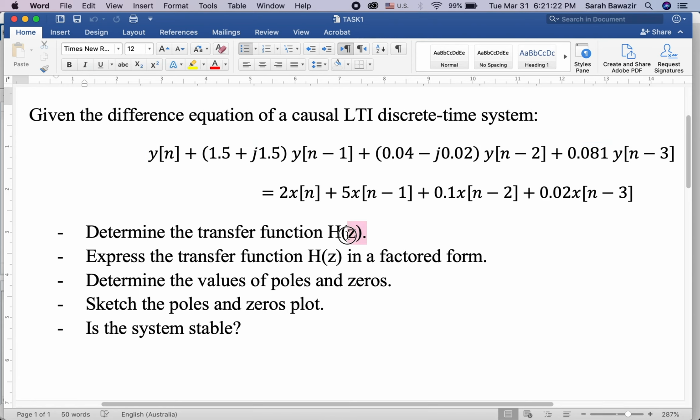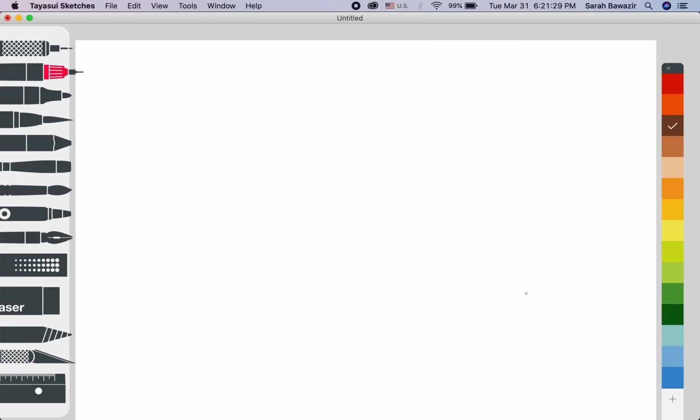Now, what is the transfer function, or how do you find the transfer function? Let me remind you that to find the output of a system, we multiply the z transform of the transfer function by the z transform of the input.